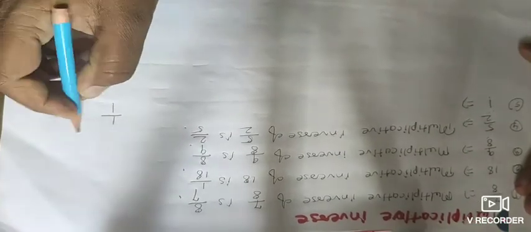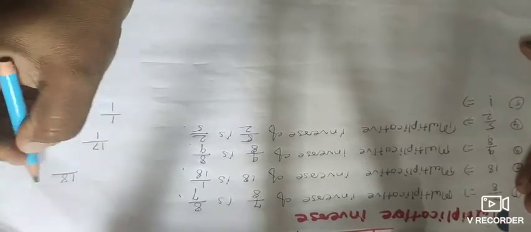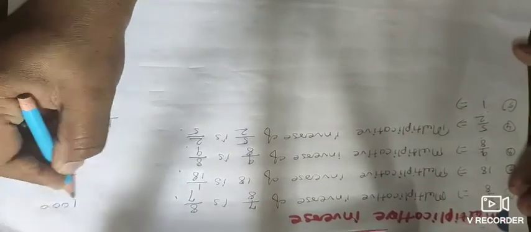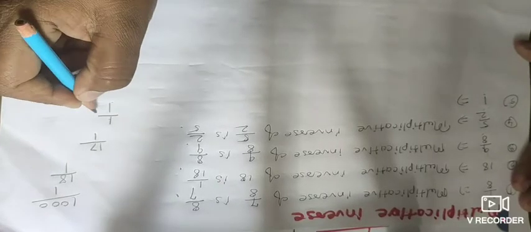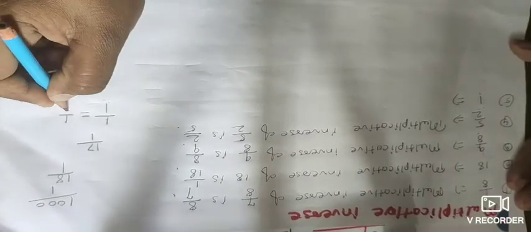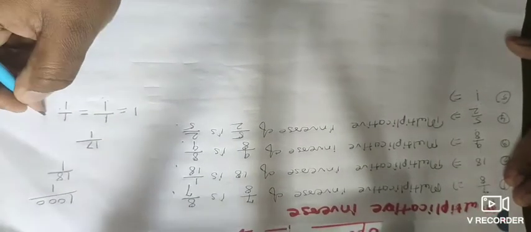Okay, now tell me, what is the multiplicative inverse of 1? Yes, 1 also has its multiplicative inverse. As you know, 1 has denominator 1 only, just as 17, 18 and 1000 have a denominator 1. So 1 upon 1 means its multiplicative inverse is also 1 upon 1, and its answer is 1.